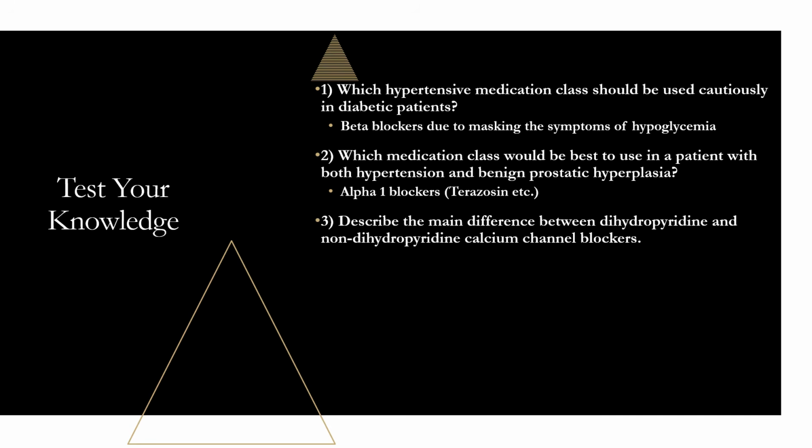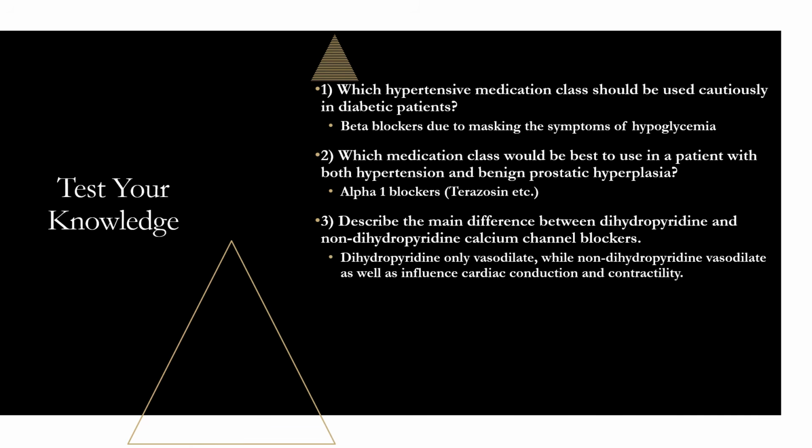Describe the main difference between dihydropyridine and non-dihydropyridine calcium channel blockers. Main thing, dihydropyridine only vasodilates, while your non-dihydropyridine vasodilate as well as influence the cardiac conduction and contractility. What are the 5 main adverse drug reactions of ACE inhibitors? Please remember this. I think that mnemonic was pretty good.